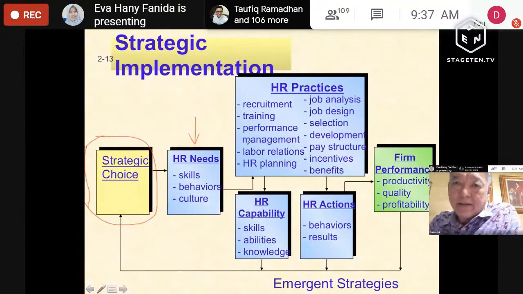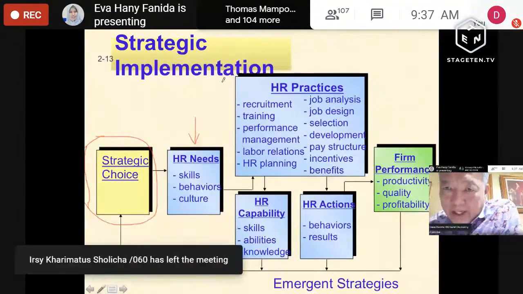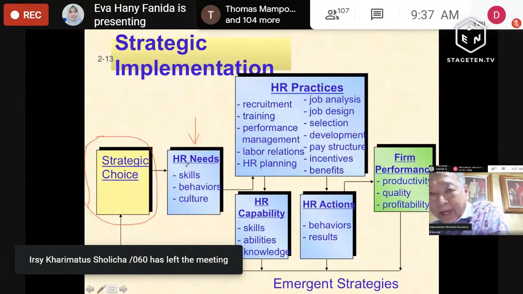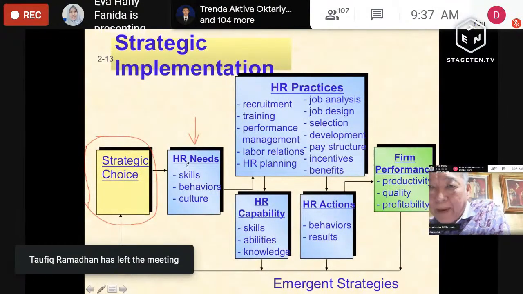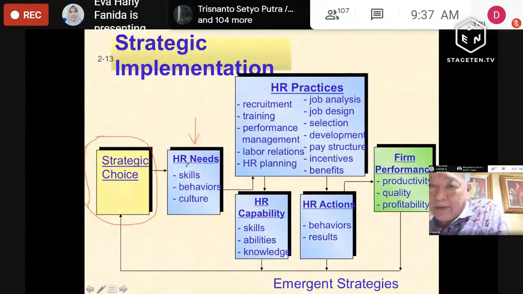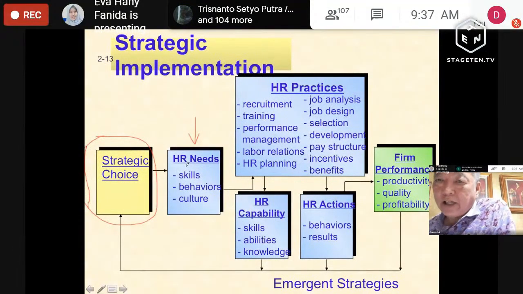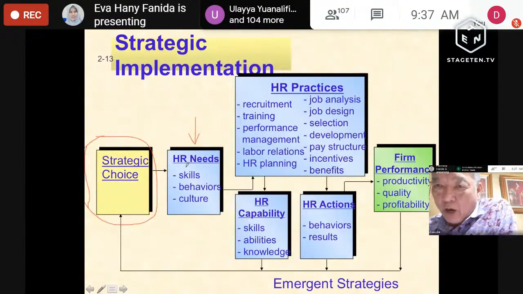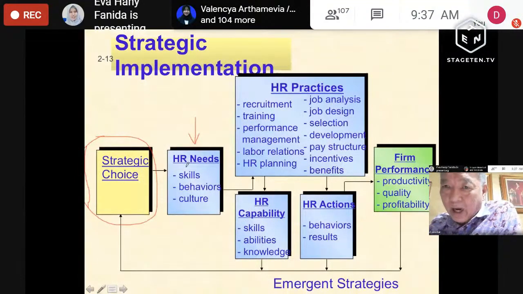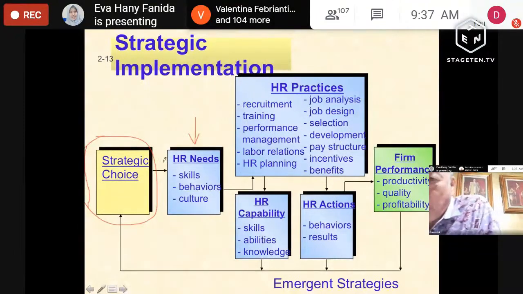But if we have already chosen one strategy, we have to consider what kind of human resource needs we want. That means what kind of people we want to utilize in our company in order to match the strategic choice.